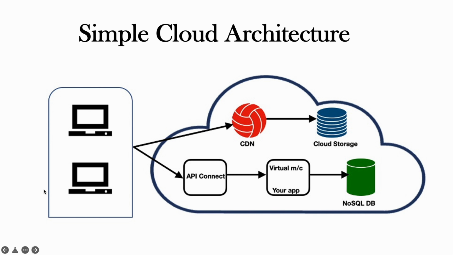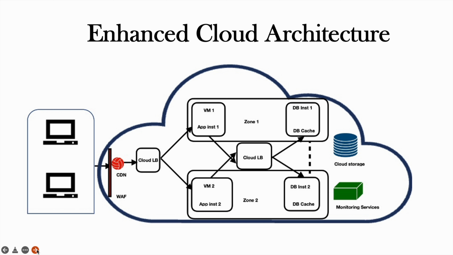So let's see how I improved this simple cloud architecture to an enhanced cloud architecture. If you look at this picture, this addresses a lot of the issues that we saw in the previous diagram. So why did we come up with this enhanced cloud architecture? Because in the cloud world anything can happen.